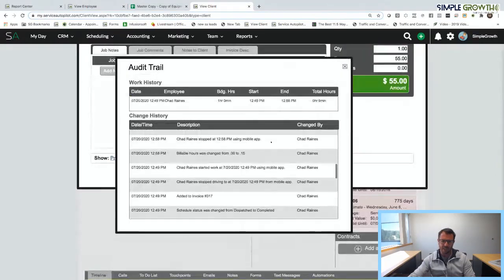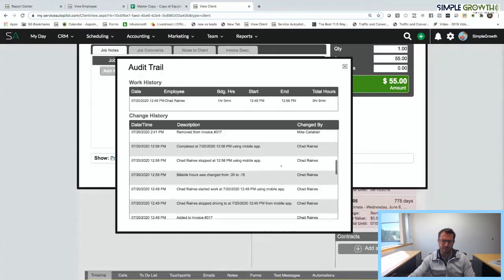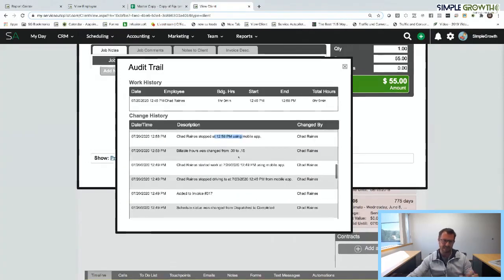We have the mobile app right here by Chad clocking in and clocking out, and what times he clocked in and out of the job. That was a test one we did to see what would happen if he clocked in and out under a minute. This one right here is he started at 12:49 and ended at 12:58 for that particular job. So you can see the clock in and clock out in the mobile.